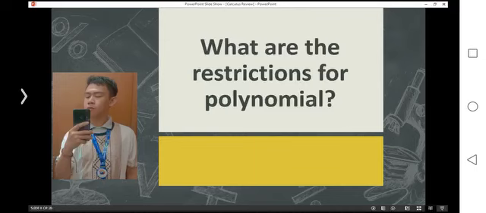Variables must not contain fractional exponent, variable must not contain negative exponent, variable must not be in radical symbol. So the correct answer is variable must be positive. Okay, so variable must be non-negative.